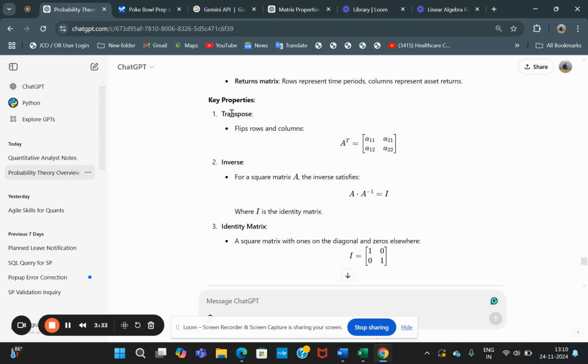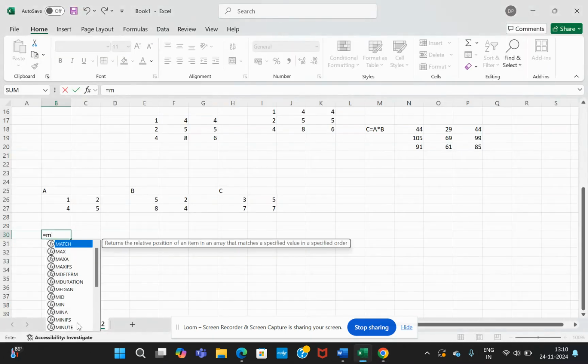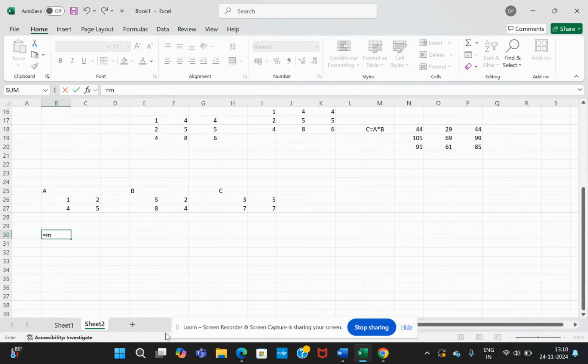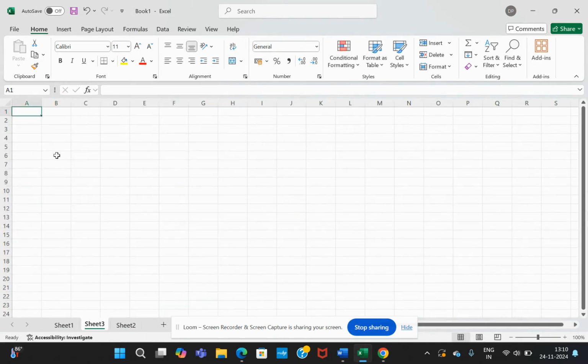First is the transpose of a matrix. In the transpose, we simply convert the row elements into column elements and the column elements into row elements. Suppose we have the matrix A, let's consider a 3 by 3 matrix.